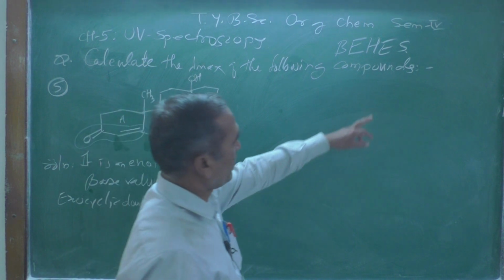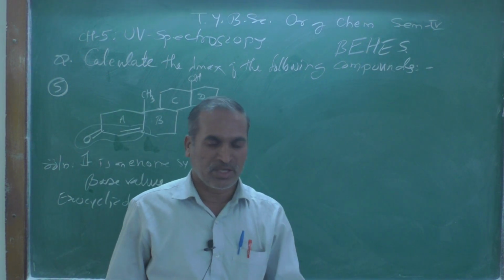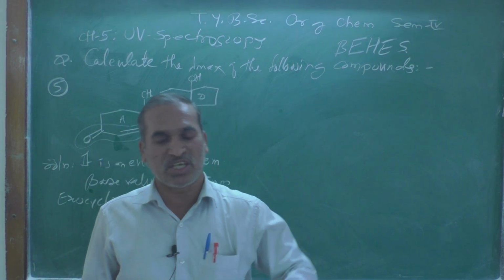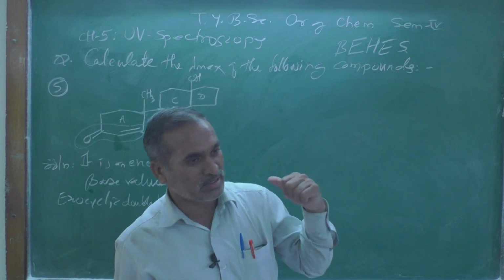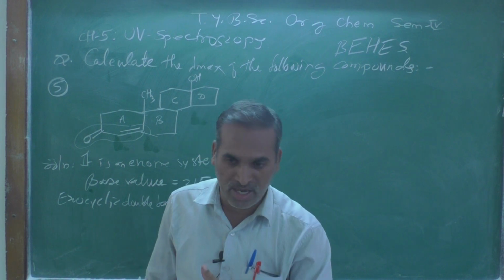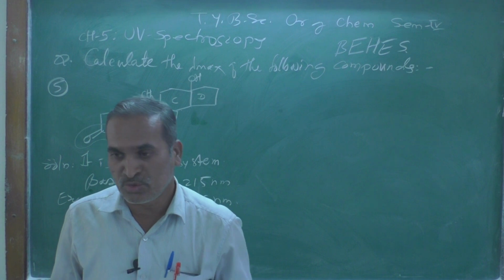Now the fourth letter, again E, is different from the previous E. The previous E suggests exocyclic double bond, and this fourth letter E indicates extended conjugation.